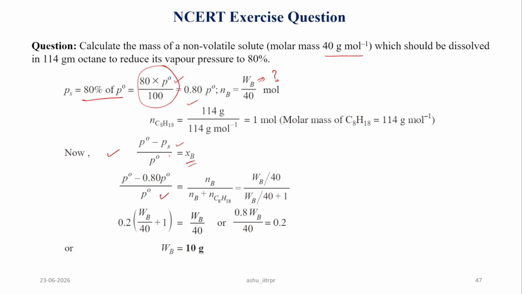So this is the expression from the 80% data, and the mole fraction of B can be written as the number of moles of B divided by total moles. So it is WB by 40 divided by WB by 40 plus 1. Why? Because the number of moles is 1 for octane. When you solve this expression, ultimately you will get the weight of solute to be 10 grams. So in this way, you have to approach this question.